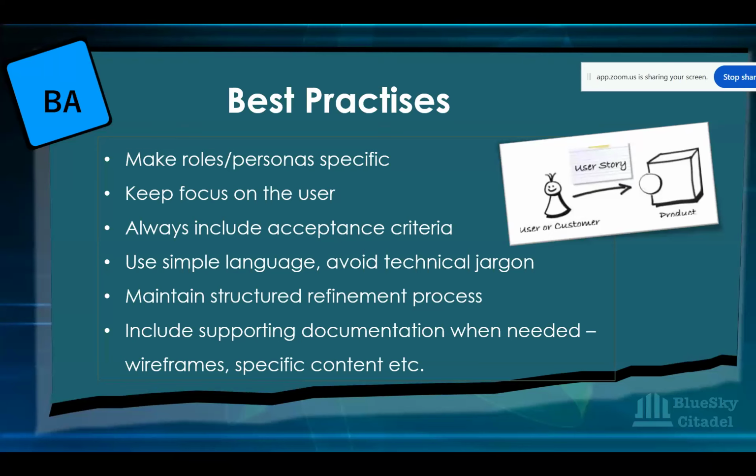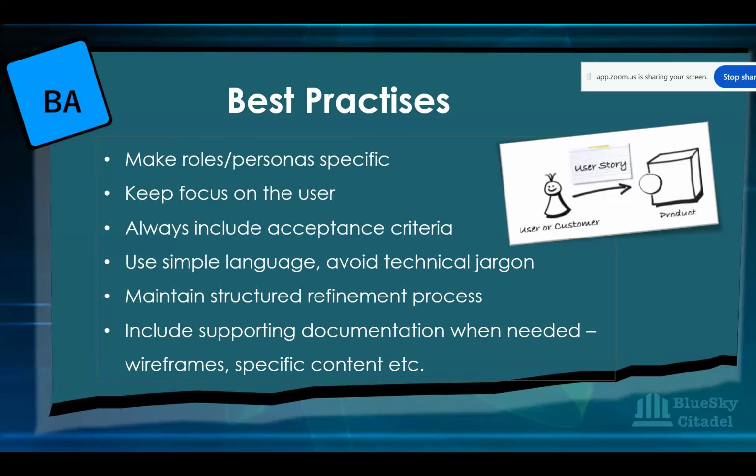And then you make sure that you maintain the refinement process. Refinement is when you document a user story, you go back to the stakeholder so that they can verify that it's complete, it's correct. That's refinement. You gave me this requirement, I've documented it.